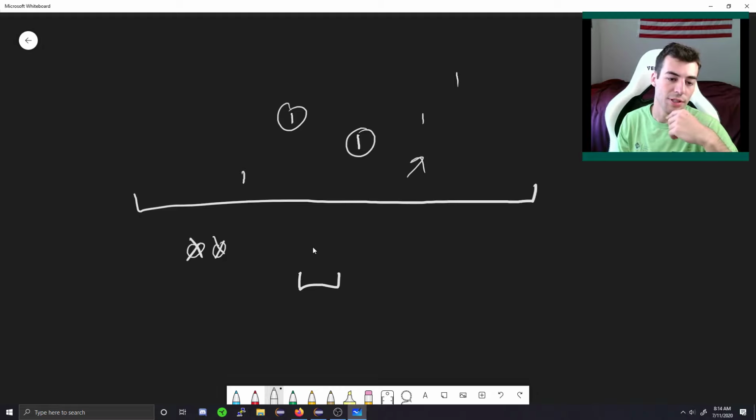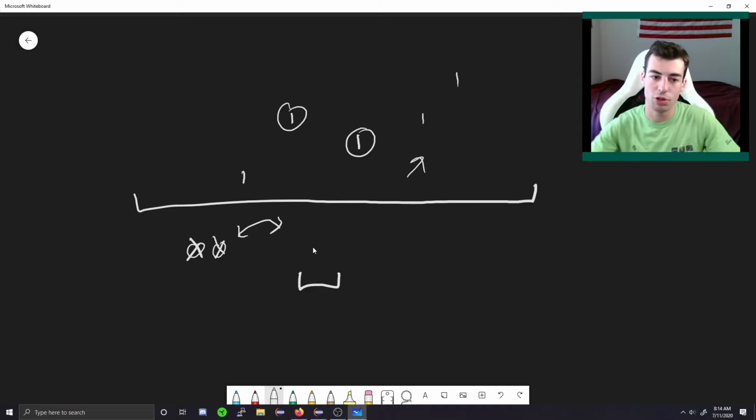Or alternatively, we could swap them with someone we already have. We would want to swap them with the person with the smallest delta. And I think that's fine. Yeah, that should be a fine approach.